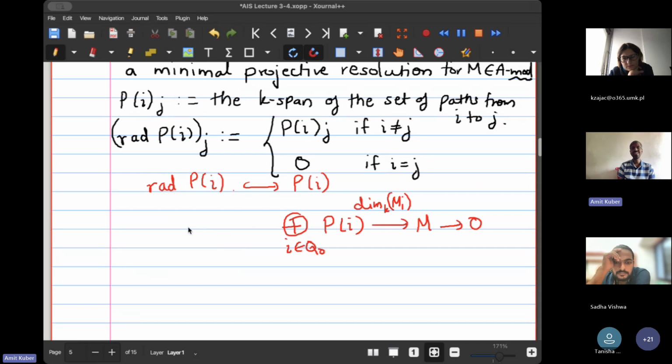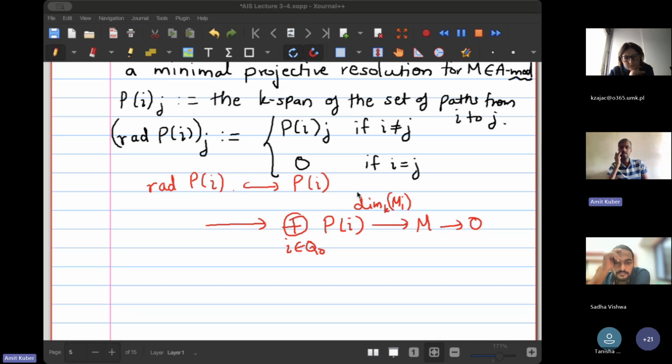What will be sitting inside over here? Recall that we are talking about an acyclic quiver and a path algebra. So in this case, it is hereditary. So I just want to give you a flavor of what this kernel could be. The kernel has to be projective because it's a submodule of a projective module. So which projective modules will appear in this case?